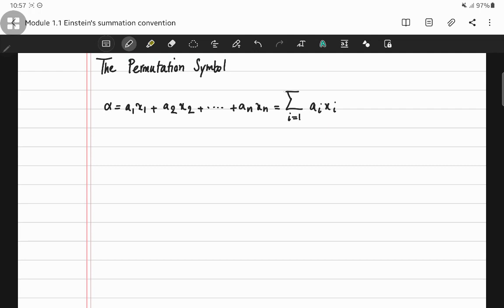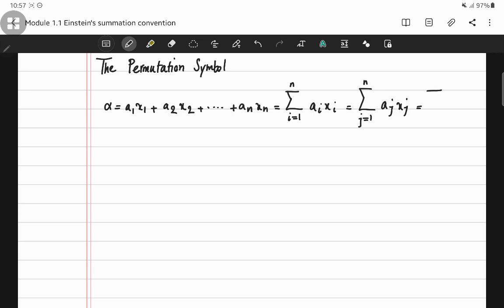I varies from 1 to n, and n here can go to whatever you want, whether it could be infinity or a finite value. But you can also write this as, for example, summation of aj xj, where j starts from 1 and goes to n, or whatever subscript you can select.